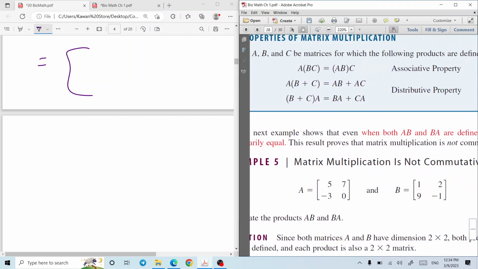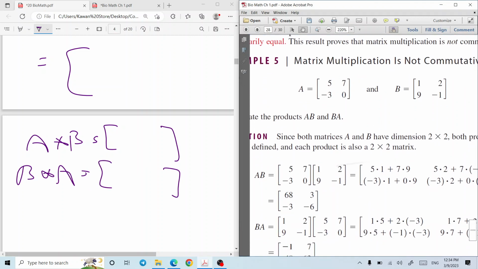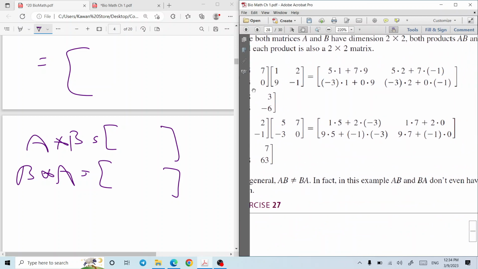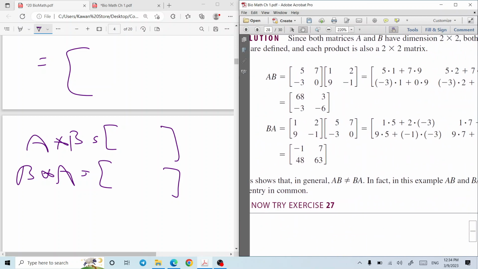It means that if you multiply A by B, you will get a result, but if you multiply B by A, you will get another result. How? You can see from here the result of AB is equal to 68, 3, minus 3, minus 6, minus 1, 7, 48, 63.